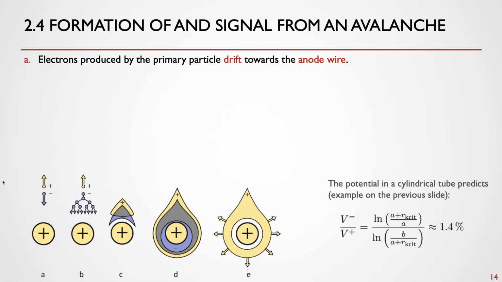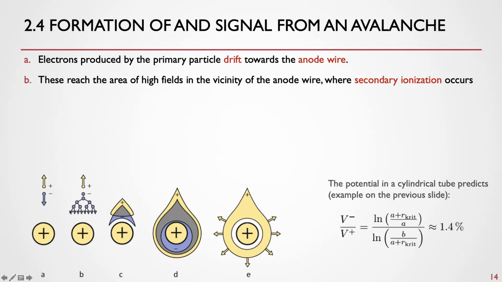So you have one more electron, and then this process multiplies until a cloud of electrons and ions forms, and these electron and ion clouds then separate. So after a short while in this avalanche formation, we have a slowly moving ion cloud from the avalanche and a quickly moving electron cloud.